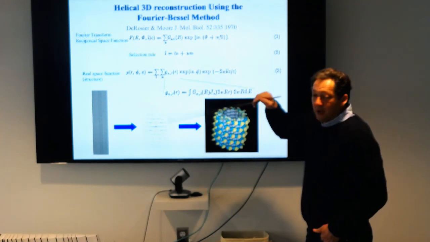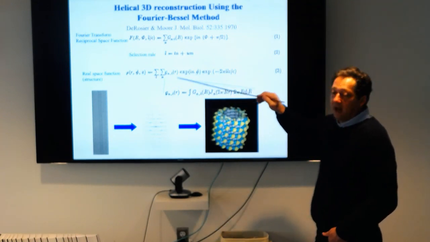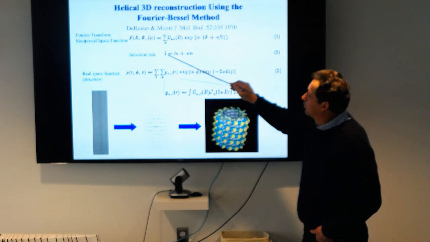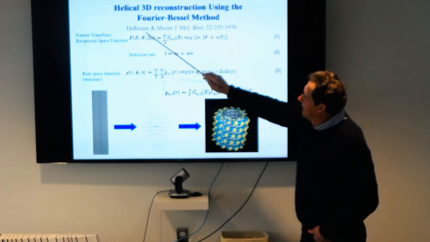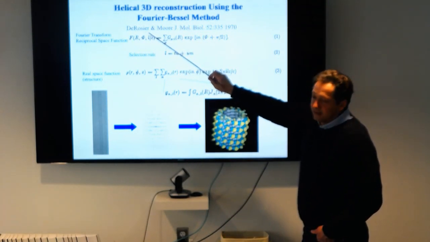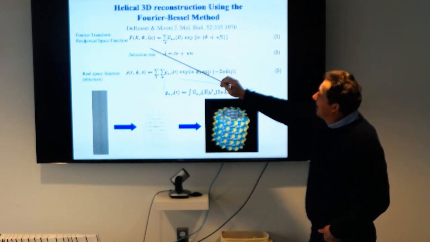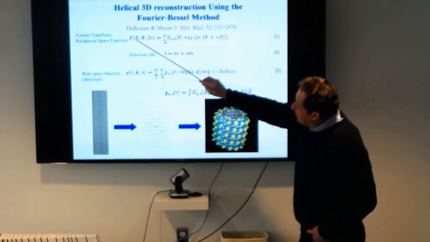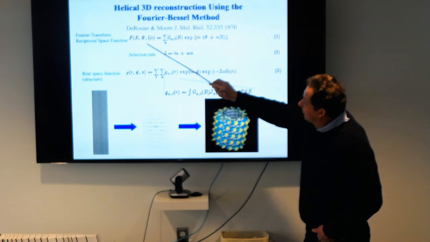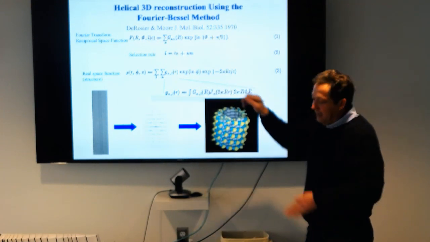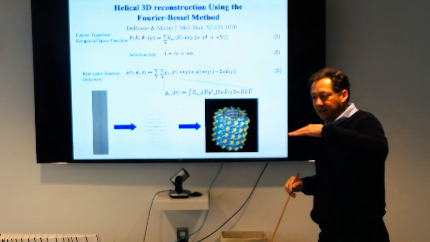But when we do it by Fourier Bessel, we go to the diffraction pattern, and we take all these Fourier terms, okay? This is the reciprocal of the radius, and then the L over C is the distance of the layer lines, okay?